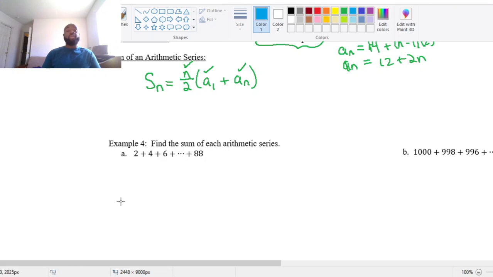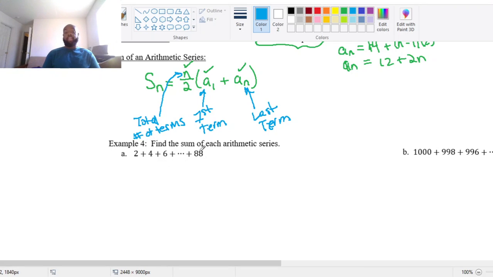And so what I'm going to do here is we know that we are going to use this formula here, but we need to know, remember, this is our first term. This is our last term. And this n here is the total number of terms.